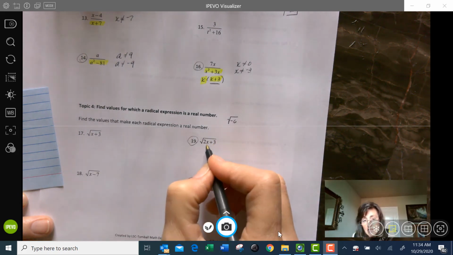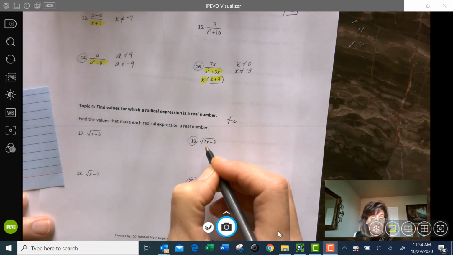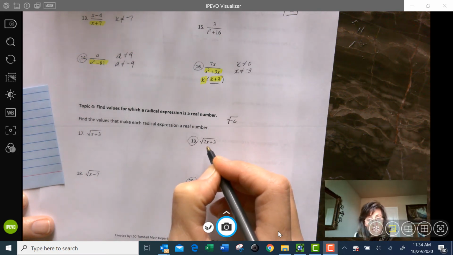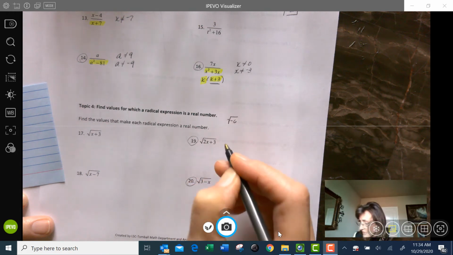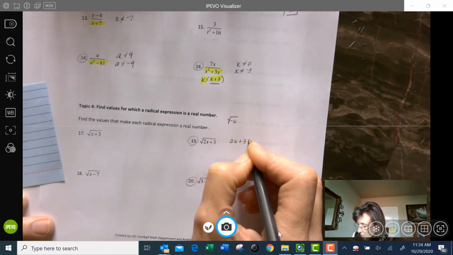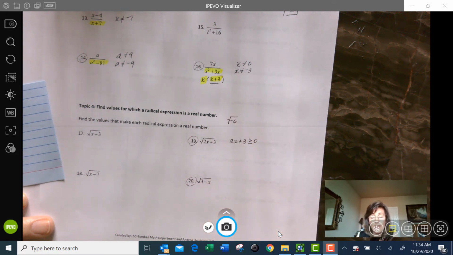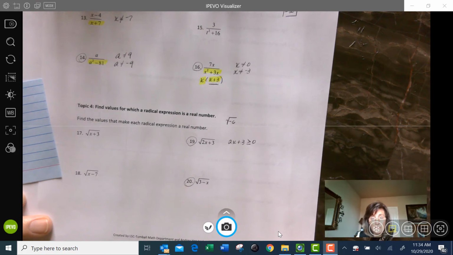So when we look at 19, the information under the square root, which is referred to as the radicand, can be positive, and it can equal 0. So the way I write this is I write that 2x plus 3 can be greater than or equal to 0. That is positive or 0.